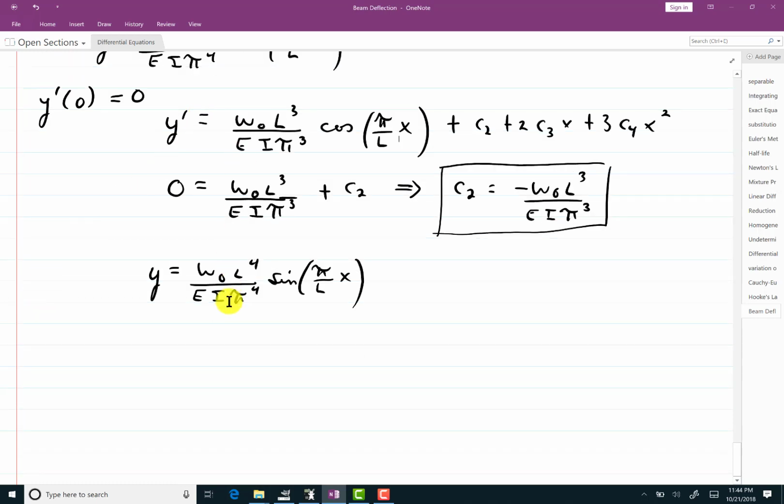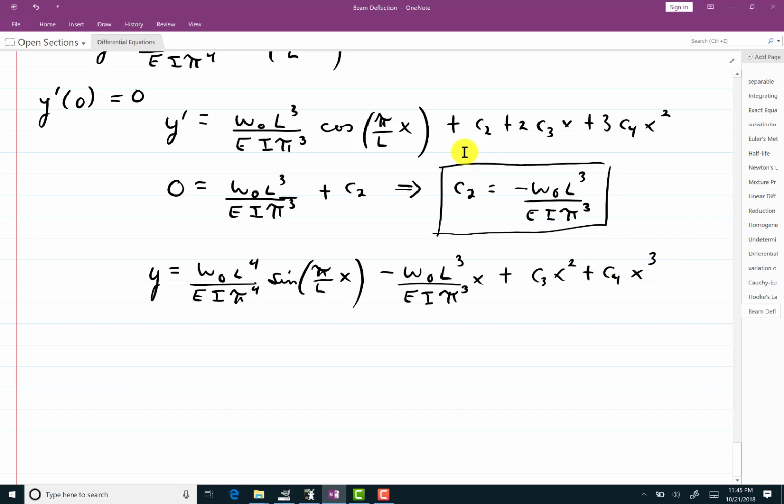And we already know that C1 is 0, so let me go ahead and put C2x in there. Minus W naught L cubed over EI pi cubed x. Plus we have not discovered C3 yet. C3x squared plus C4x cubed.